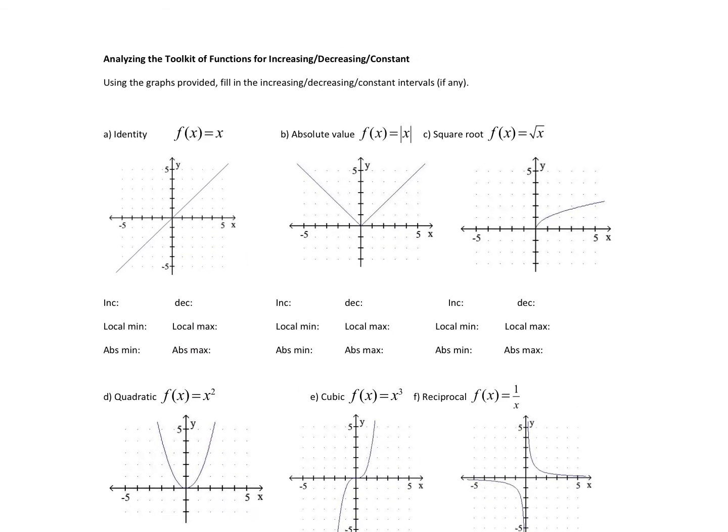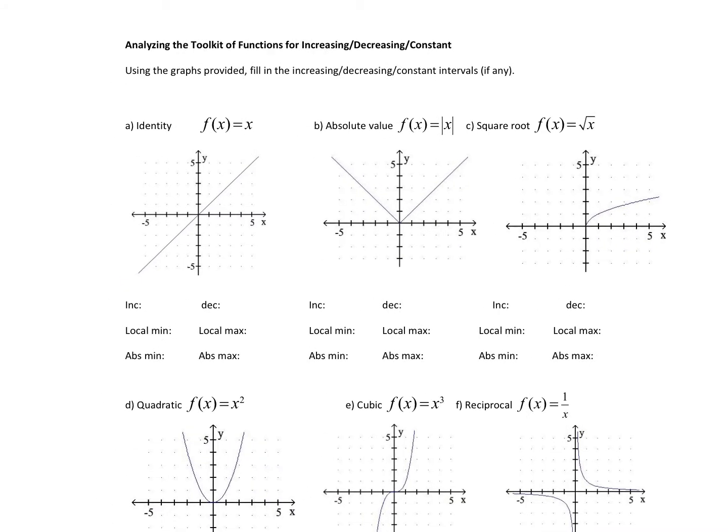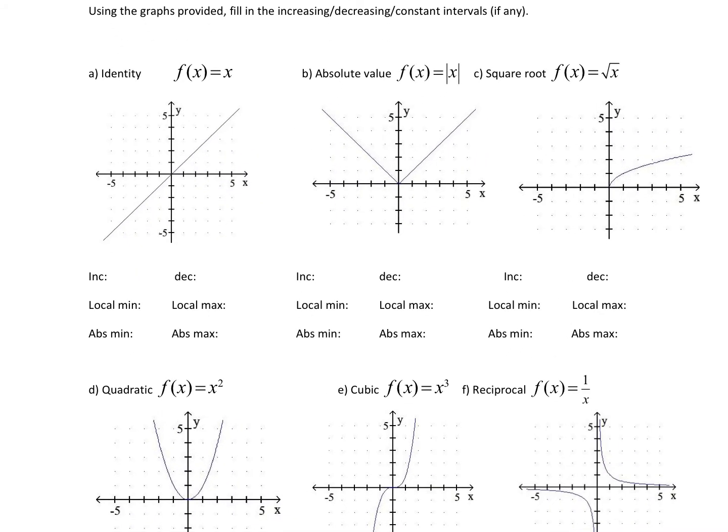So let's take a look at the toolkit functions and talk about the intervals where each is increasing, decreasing, and constant, and if there is a local min or a local max. That's what we were talking about before. Or is there an absolute max or an absolute min, which means the highest or lowest point on the entire graph. So let's take a look at these first three. This is an identity function, and you'll notice from left to right, when I draw it, my pencil is always going up.